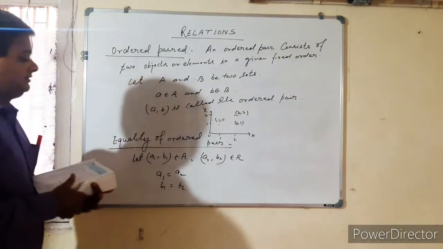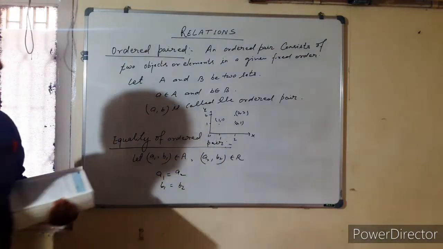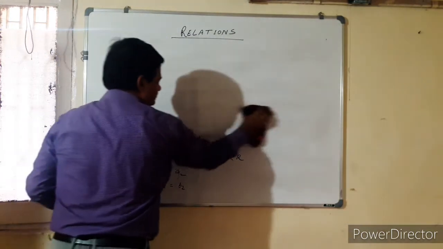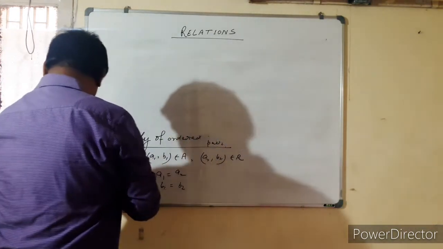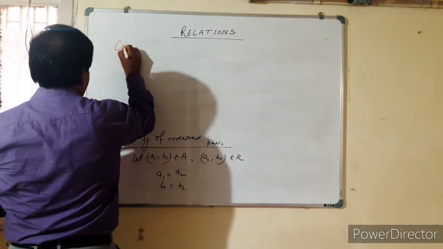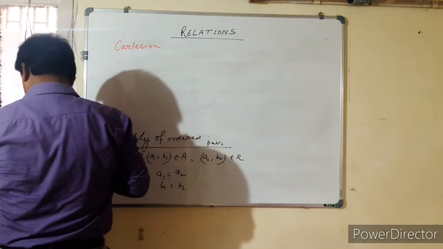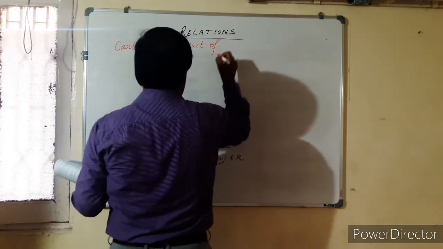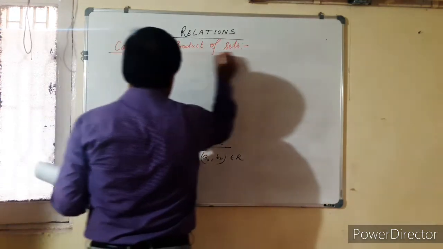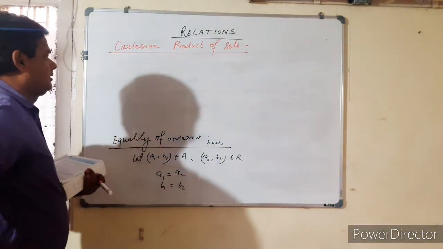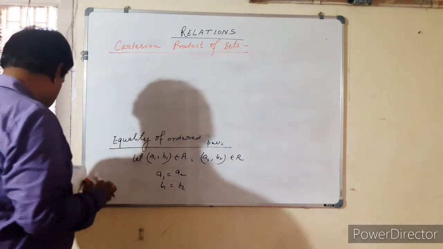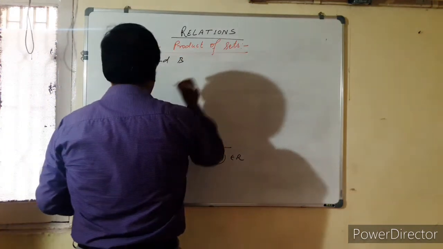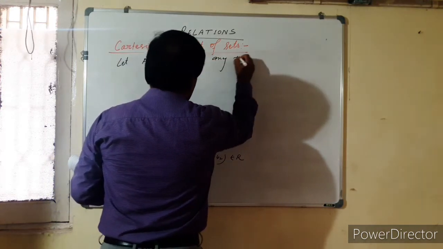Cartesian product of sets. Let A and B be any two non-empty sets.